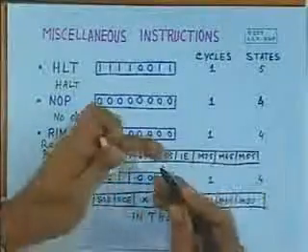So SIM and RIM are dual purpose instructions with the help of which you can perform serial mode of data transfer. You can also set the mask bits of RST 7.5, 6.5 and 5.5, and you can also see the status of it.